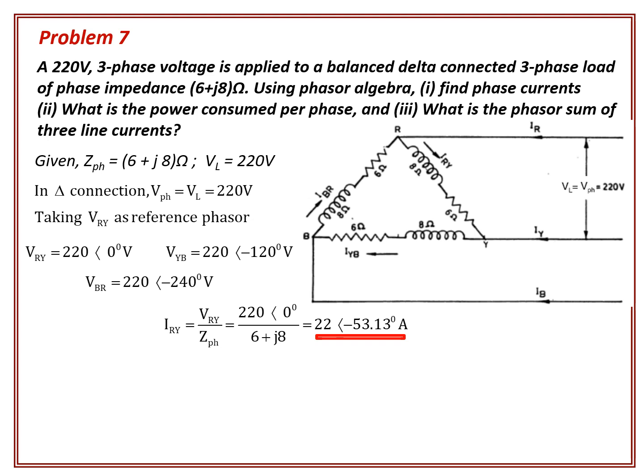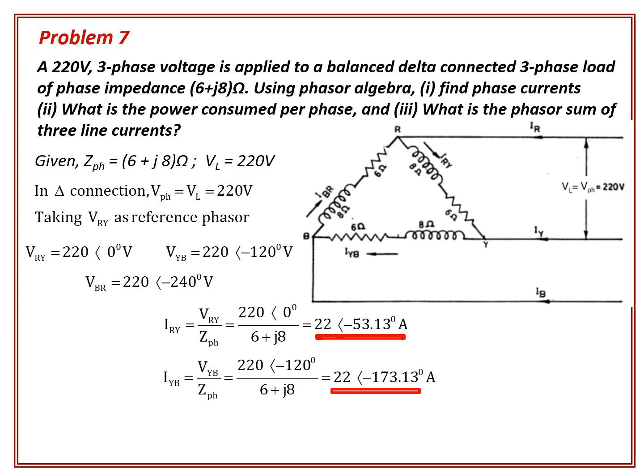The different phase currents are IRY, IYB and IBR. The phase current IRY is given by equation VRY by Z phase. Substituting VRY and Z phase, we got IRY as 22 angle minus 53.13 amperes. Next phase current IYB equal to VYB by Z phase.